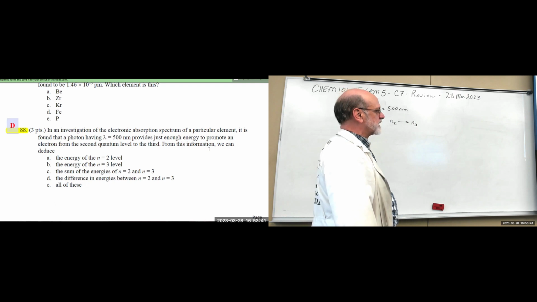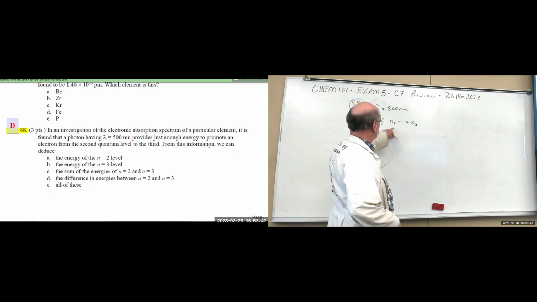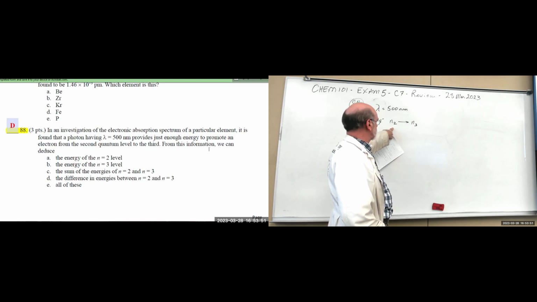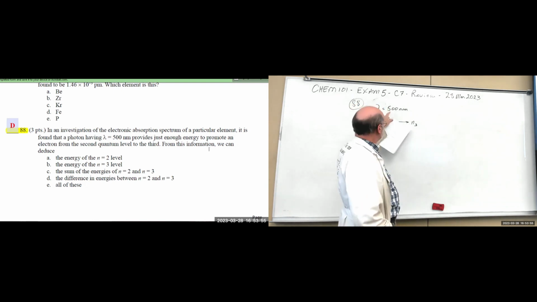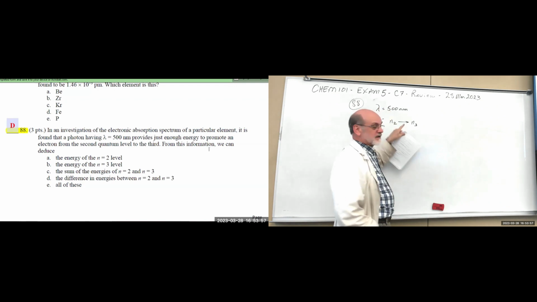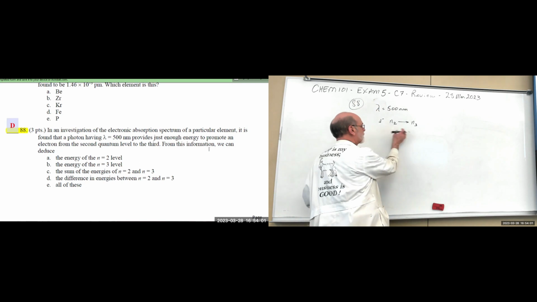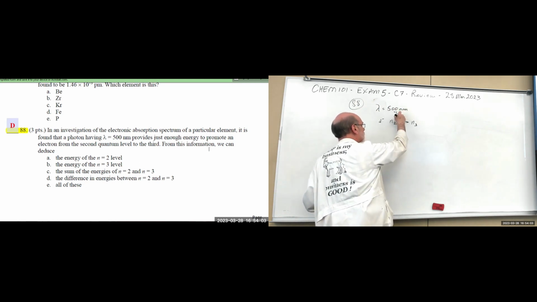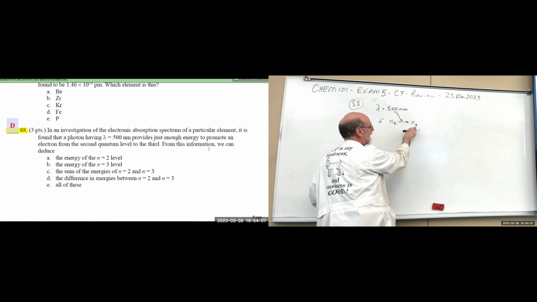From this information, we can deduce what? The energy level of 2, the energy level of 3? No. This tells us the difference. Right? This tells us the energy jump, the energy that came in here and caused the electron to go from this level to a higher level.